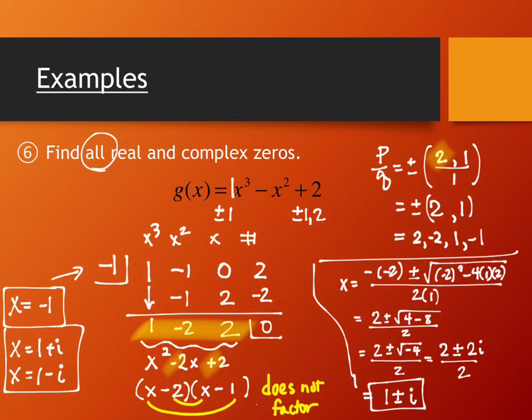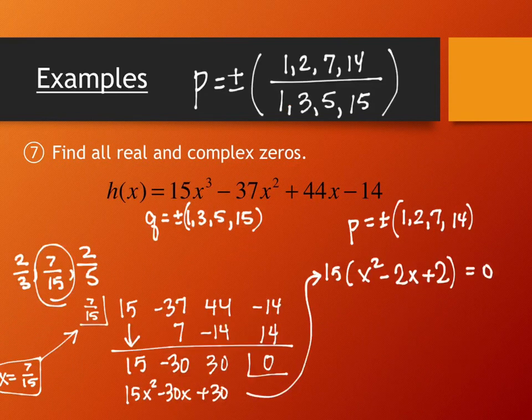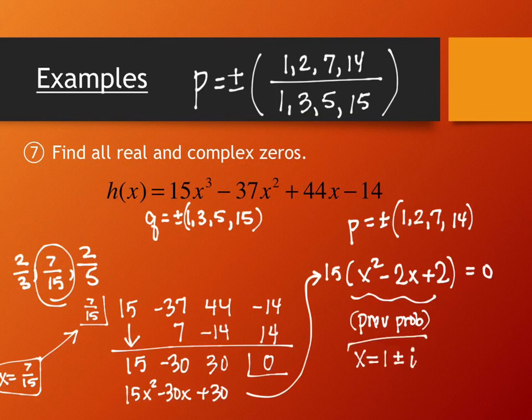We did it once before. We know the rest of the answers, right? So even if you just had to copy it down on the additional problem, you're not having to do additional work. You've already done all the work for it. So these are from the previous problem. And I know that x is equal to 1 plus or minus i as my other two solutions.